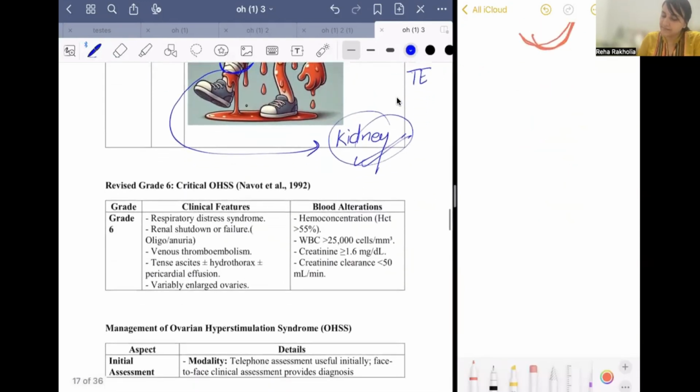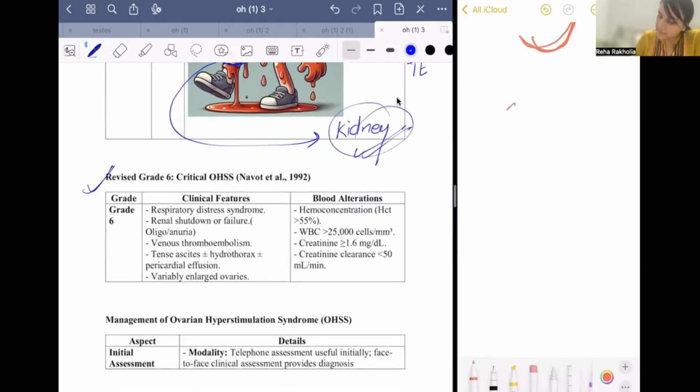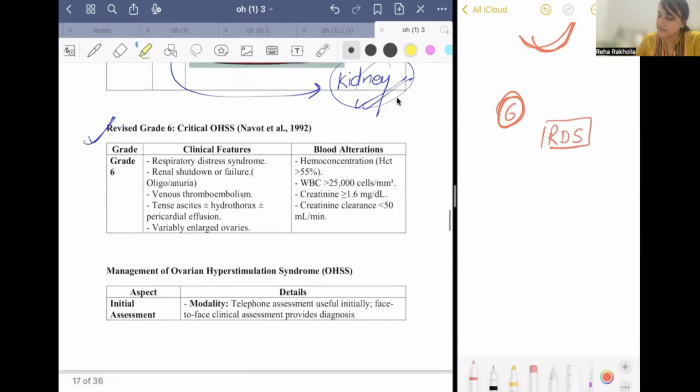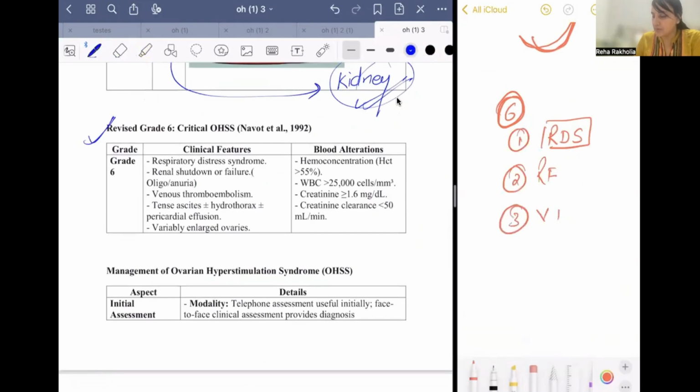Now we'll do grade 6 critical. What will happen in grade 6? There will be respiratory distress syndrome. Here we saw diminished perfusion and function. Here, everything will be shut. So there will be respiratory distress syndrome, renal failure. Third is venous thromboembolism will occur.